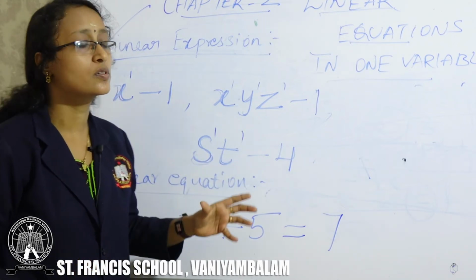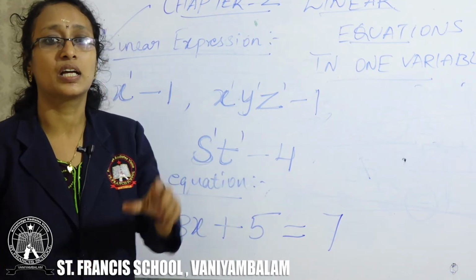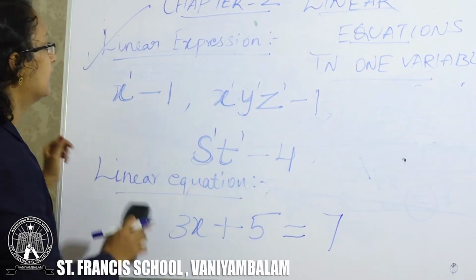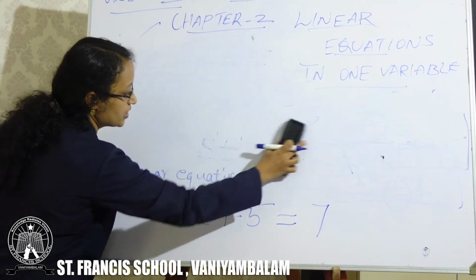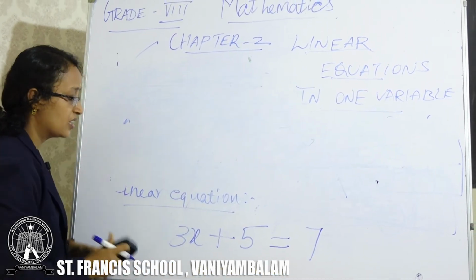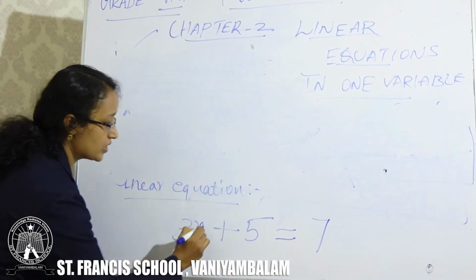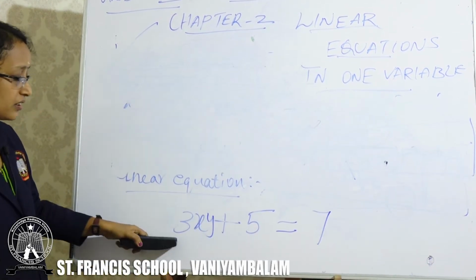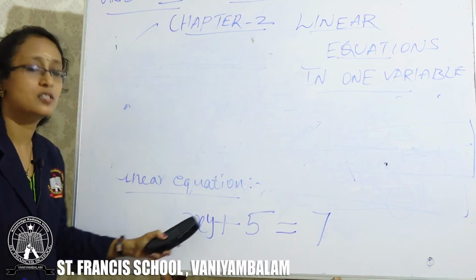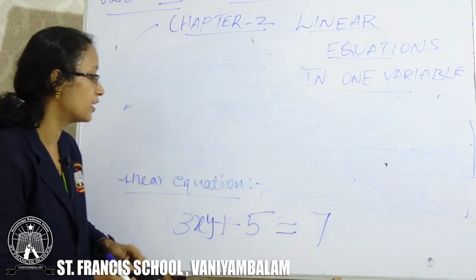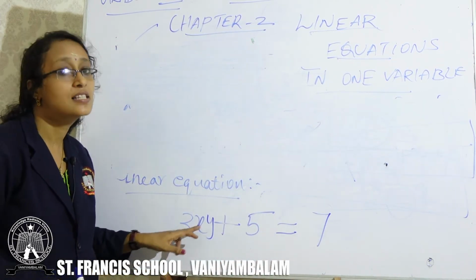Next, we are going to study what a linear equation in one variable is. See, linear equation. Yes, 3xy plus 5 is equal to 7. This is also a linear equation, and you have the variables x and y.